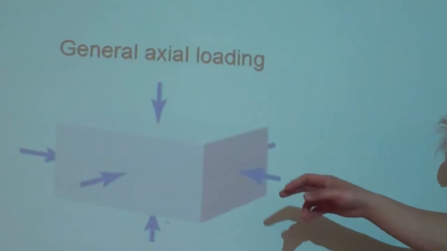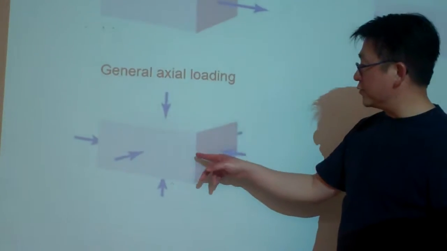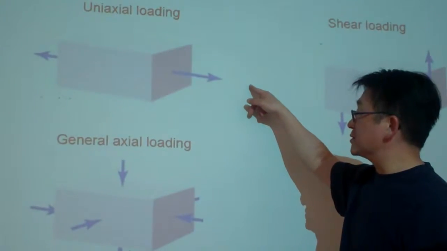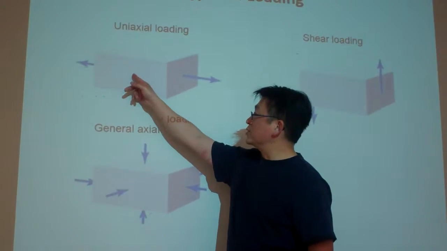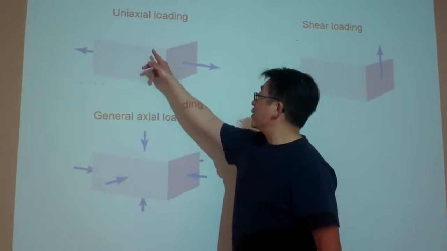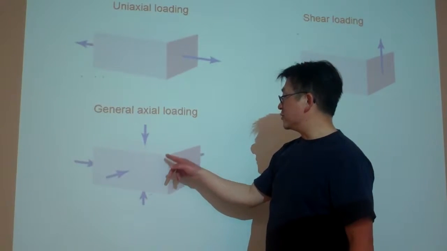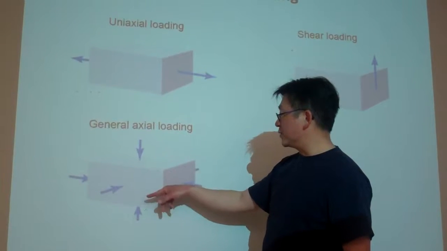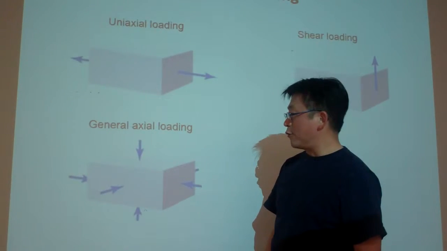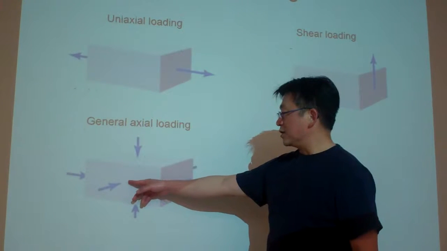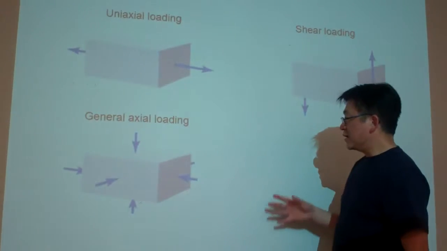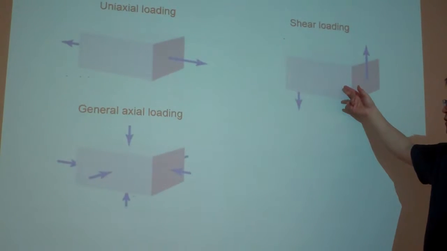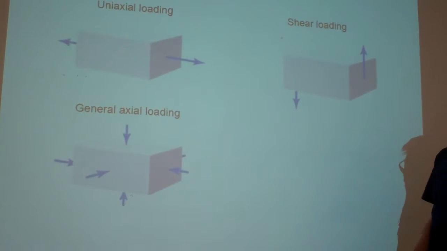In general, we might also have general axial loading, applied in the x direction, for example, then superposed with y direction loading, and also z direction loading. This is called the general axial loading, where the loading in the three directions is normal to the individual cross sections. Here I didn't draw it, but you could imagine there could also be general 3D shear loading situations.